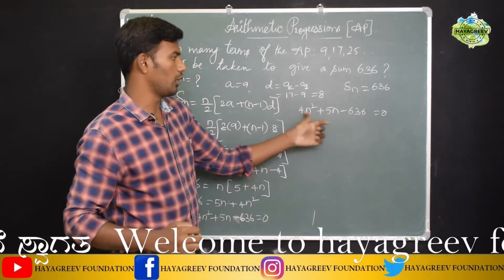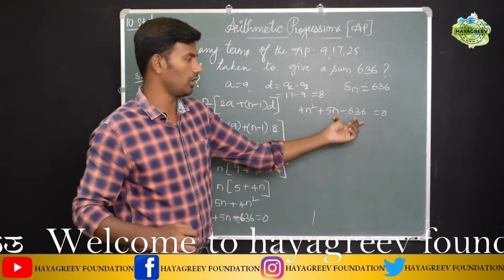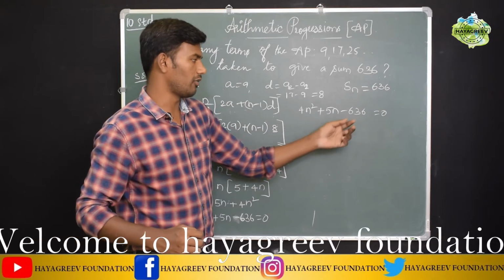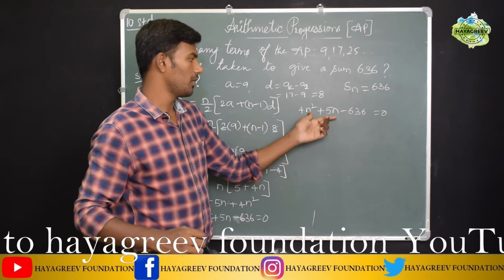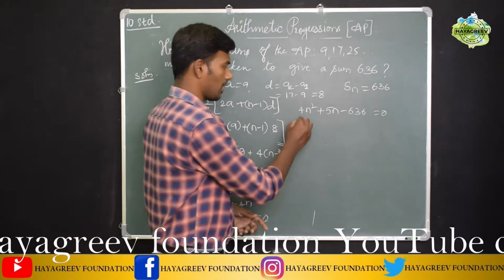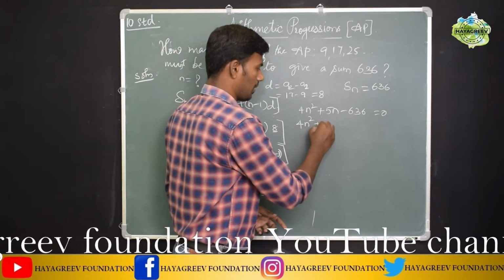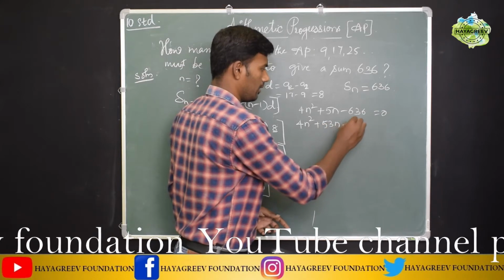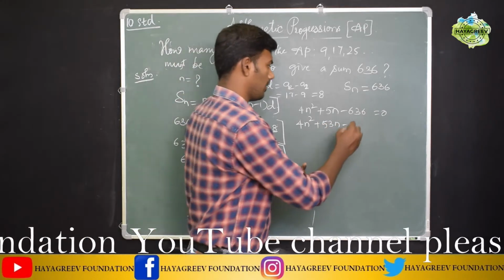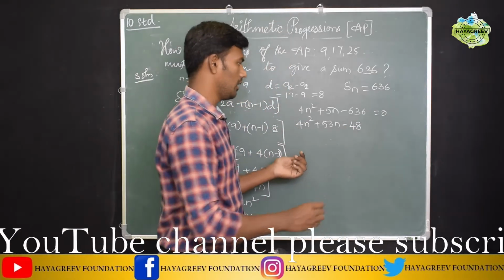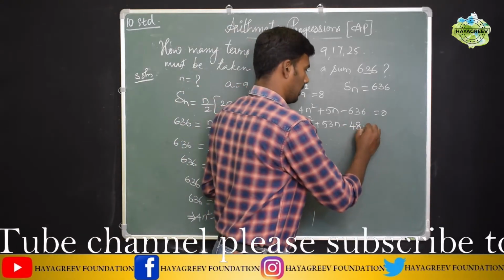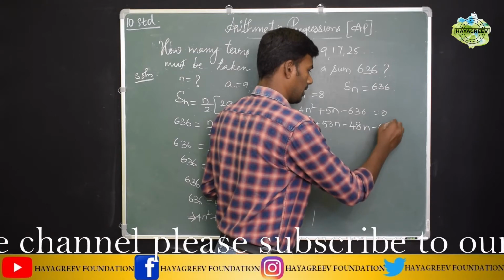When you multiply 4 into 636, you will get approximately 2544, and the two numbers should add up to 5. Then the two numbers are 53 and minus 48: 4n square plus 53n minus 48n minus 636.